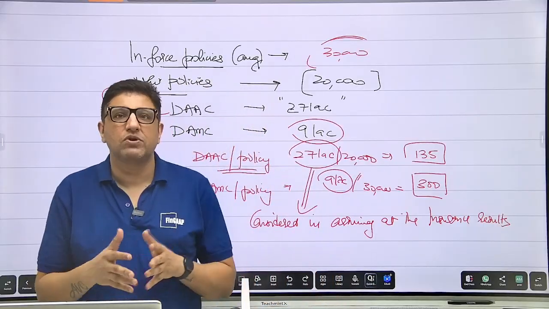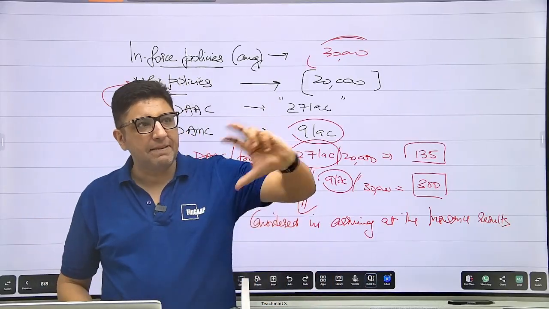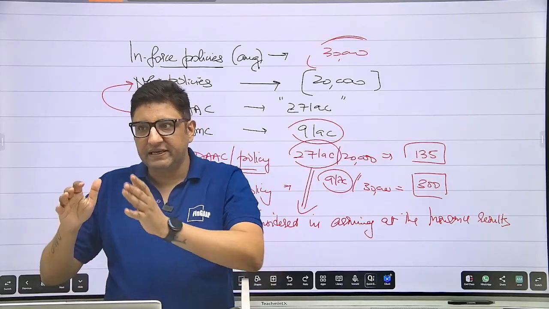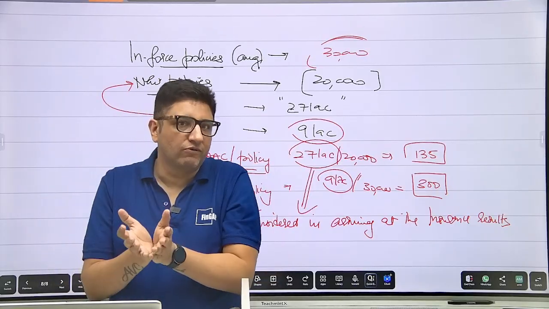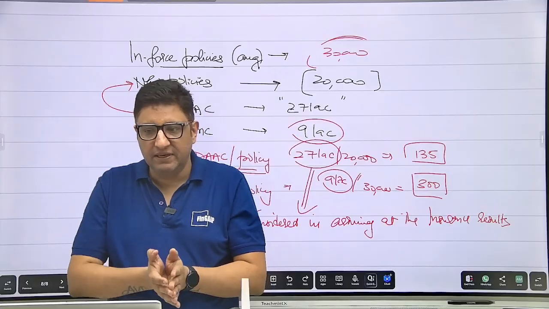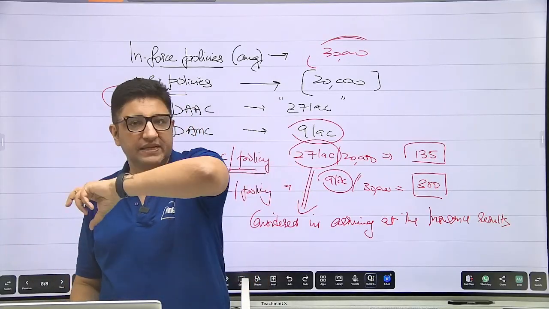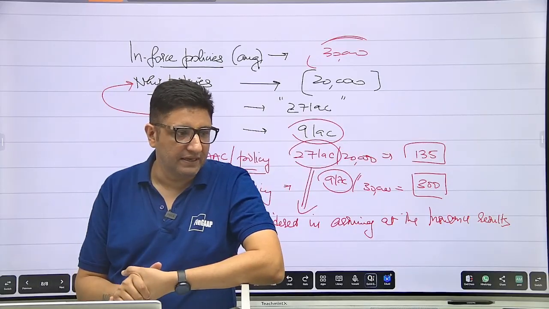If you look at the overall salary cost, look at the time spent by different teams for different purposes. Accordingly, the same nature of cost, the salary cost for example, can be split between the DAAC, the DAMC, and of course, the other overheads.